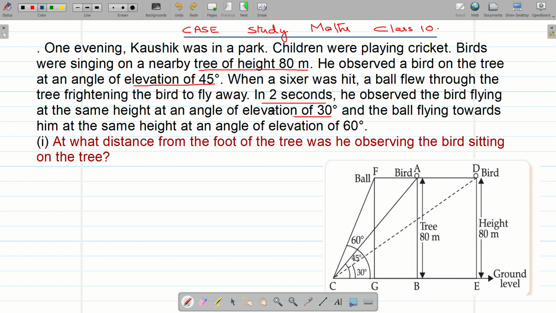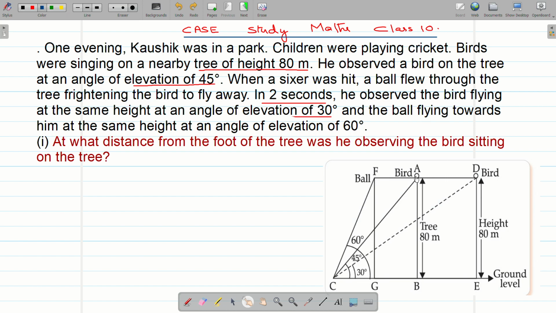Then, when a sixer was hit, a ball flew through the tree, frightening the bird to fly away. In 2 seconds, he observed the bird flying at the same height at an angle of elevation of 30 degrees.